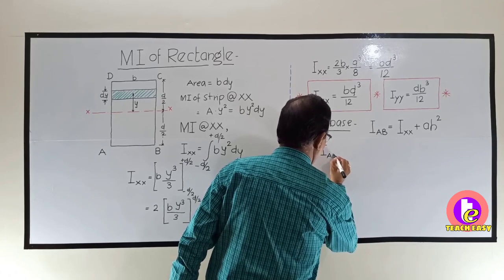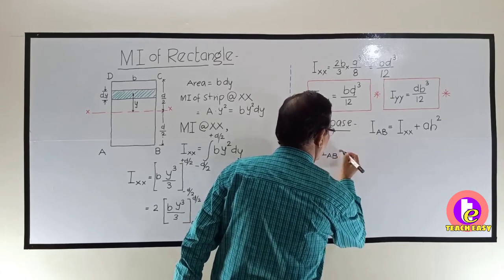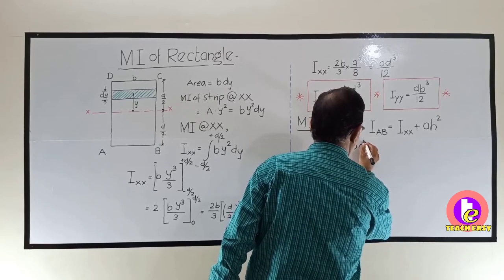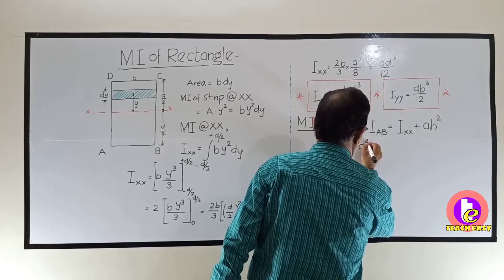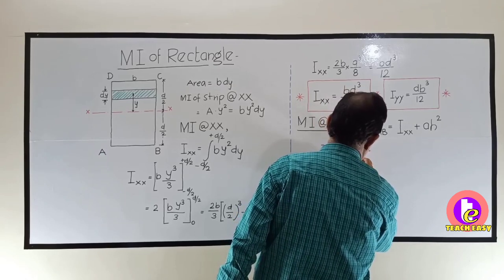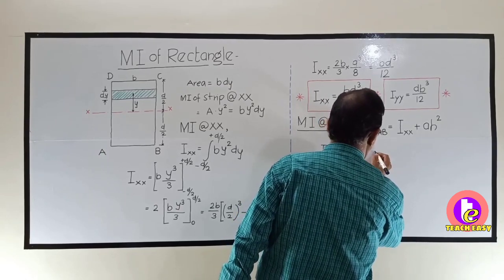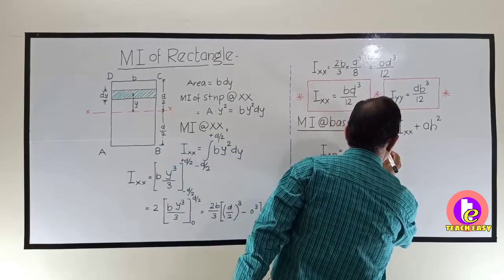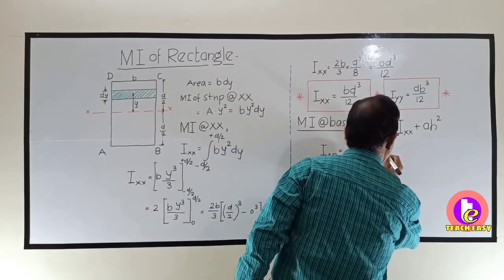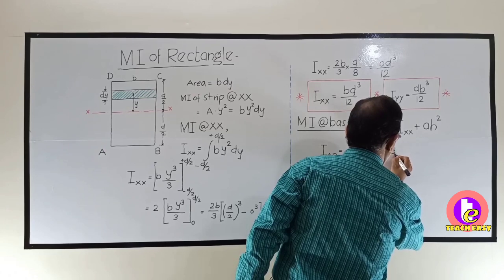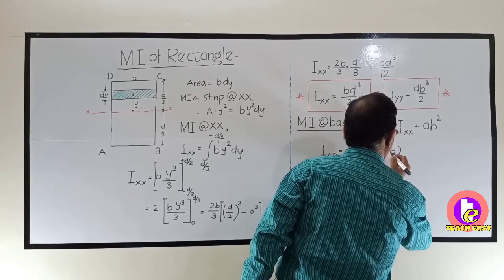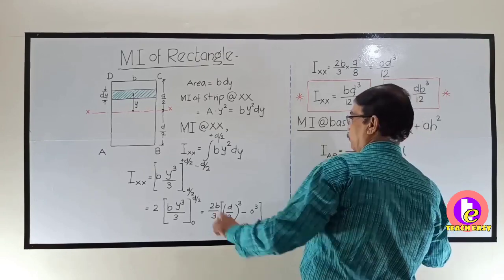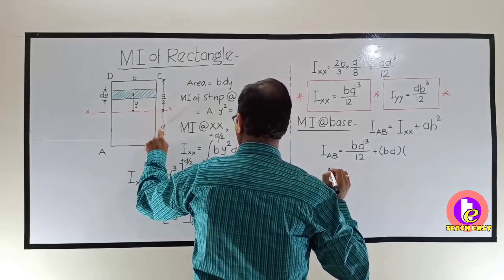Therefore, IAB will be equal to B into D cube by 12, plus area of this rectangle is B into D, and what is H? H will be, yes, what is H? Distance between two parallel axes.